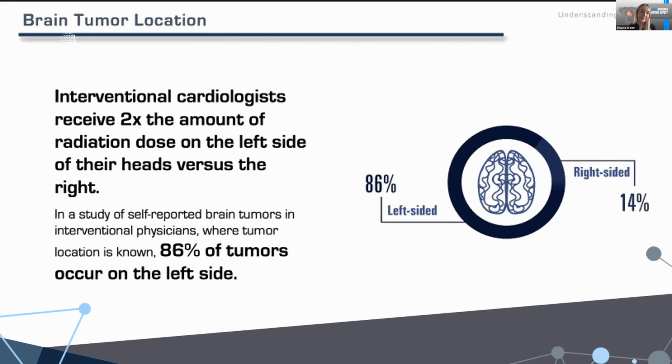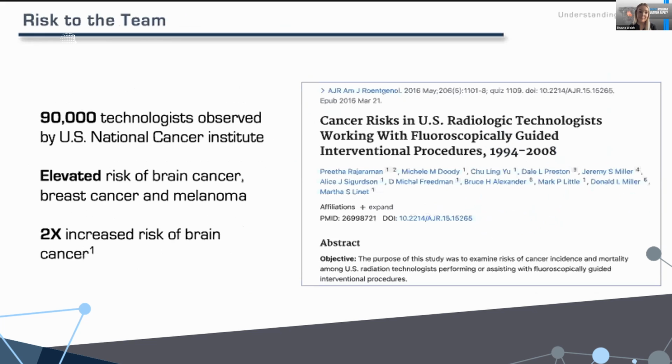So brain tumor location, we did hear in the earlier video. Physicians who unfortunately have brain tumors, there is a large prevalence there to be left-sided. 86% in this particular study were left-sided brain cancers. And when we think about cath lab safety, it's not just about the physician, it's about everybody else in the room.